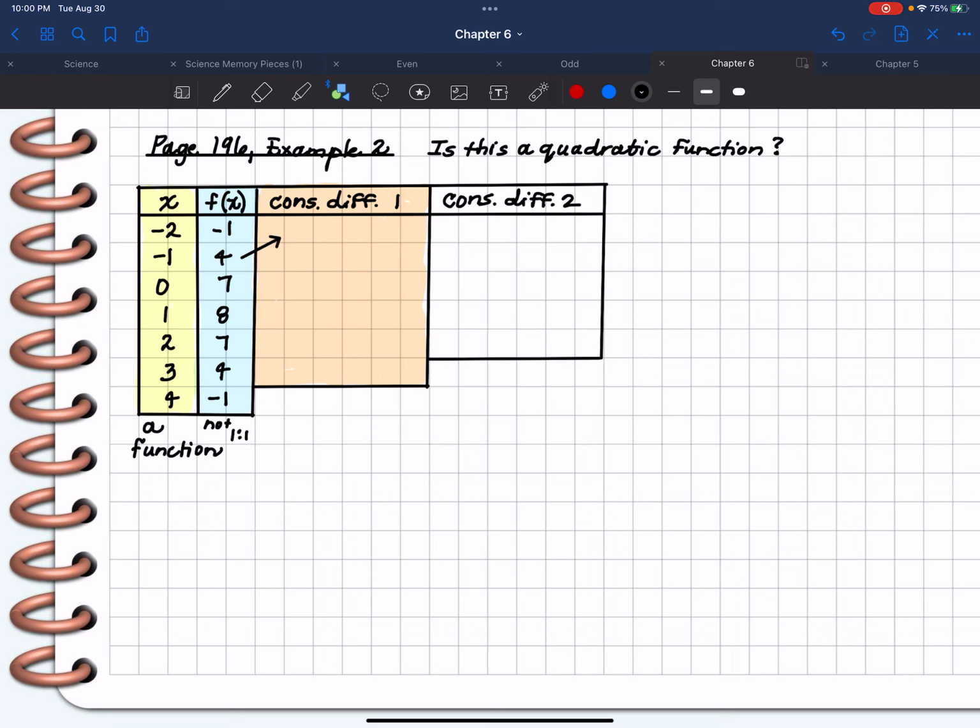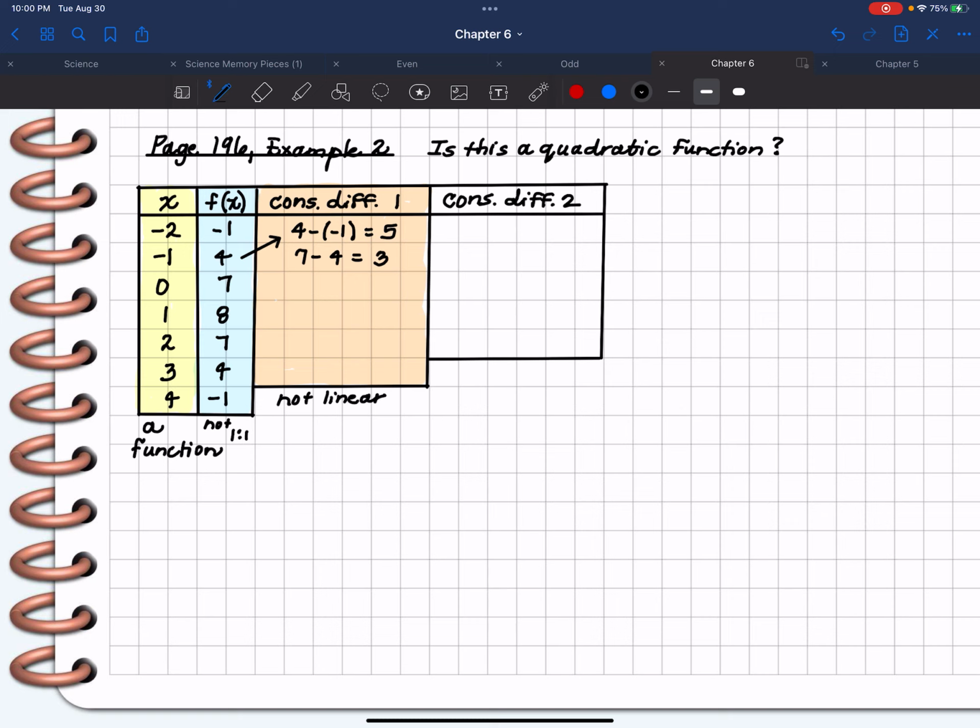So I'm going to bring the 4 up here, minus -1, that is 5. Then 7 minus 4 is 3. I can tell you right now that this is not linear.